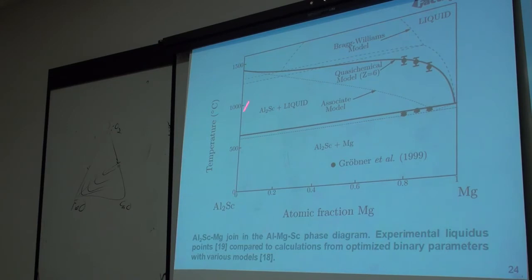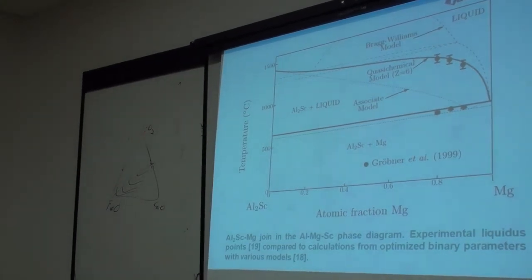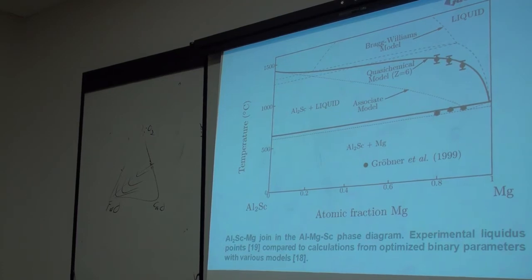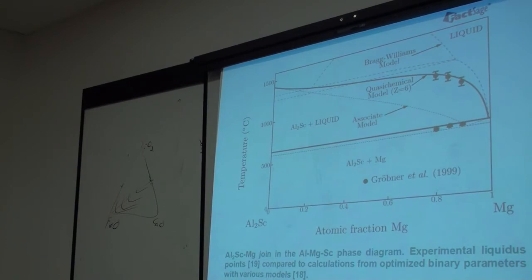You can fit up a binary system not too badly, sometimes with models that are not physically realistic. So this aluminum scandium system, as I showed, if you have a binary system with negative deviations, you can fit the binary almost the same with the quasi-chemical model and the associate model.